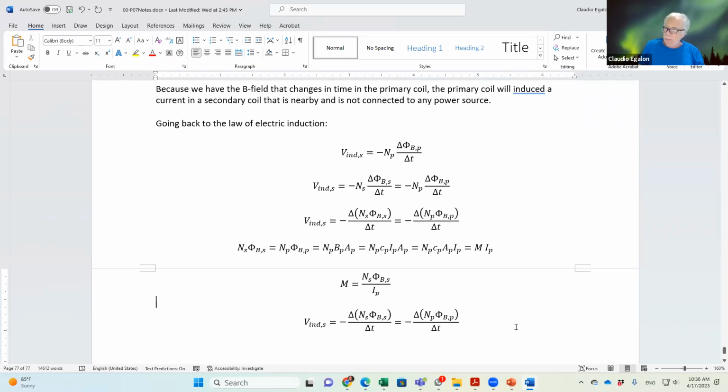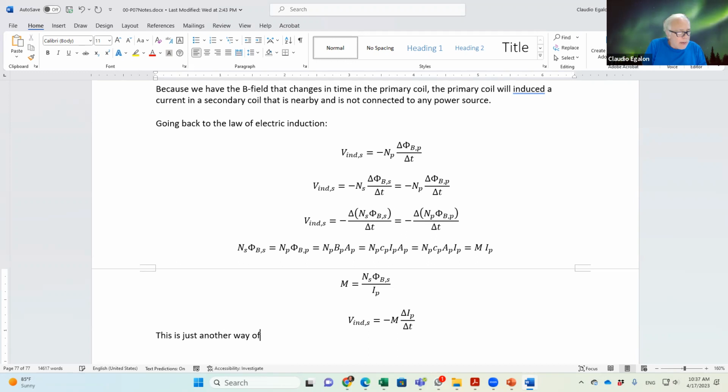The induced voltage in the secondary coil is going to be proportional to the negative of the mutual inductance times delta I in the primary divided by delta T. That's another way of writing Faraday's law of induction.